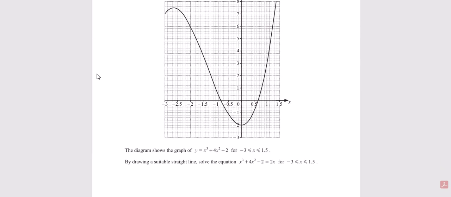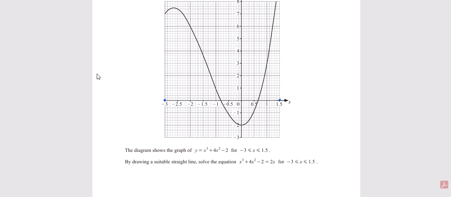Question number 18. The diagram shows the graph of y is equal to x cubed plus 4x squared minus 2 for minus 3 is less than or equal to x, and x is less than or equal to 1.5, from this to this.